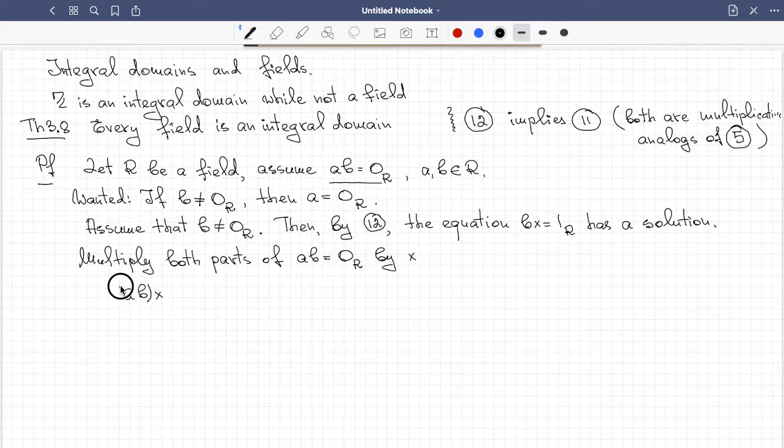I will put parentheses. AB equals 0. (AB) times X equals 0 times X.